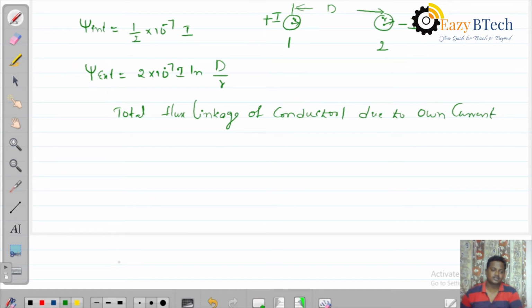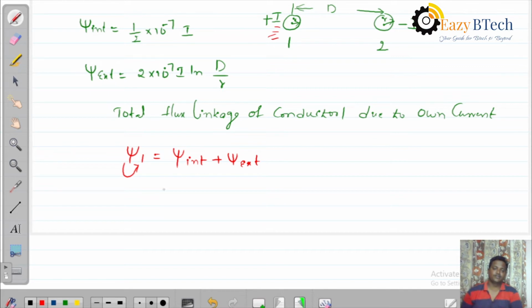The current flowing through the conductor is I. The total flux linkage is called psi 1, the flux linkage of conductor 1. The total flux linkage of conductor 1 is the internal flux linkage due to current I plus the external flux linkage due to that particular current I.